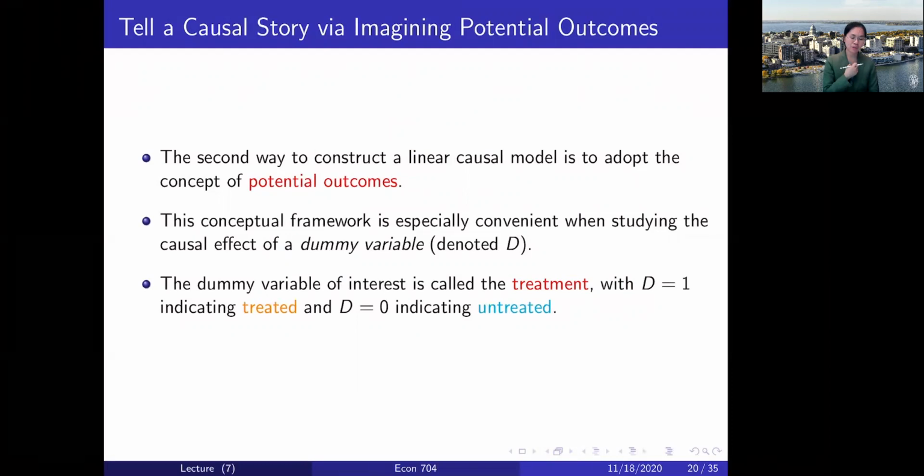Now, what's the second way to tell a causal story for the linear regression equation? The second way is by imagining potential outcomes.